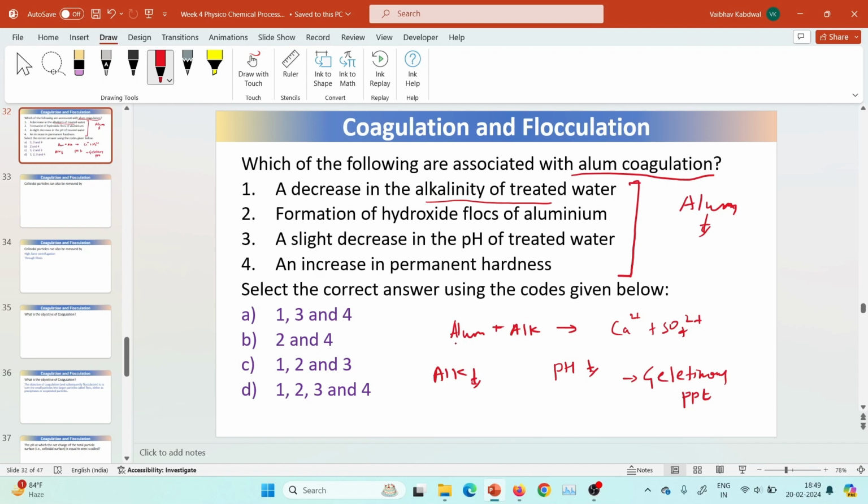This gelatinous precipitate is the formation of hydroxide flocs of aluminum. So this statement is correct. A decrease in the alkalinity of treated water, correct. A slight decrease in the pH of the treated water, also correct. And an increase in the permanent hardness, correct. So all the statements are correct for alum as a coagulant. So B is the correct answer.